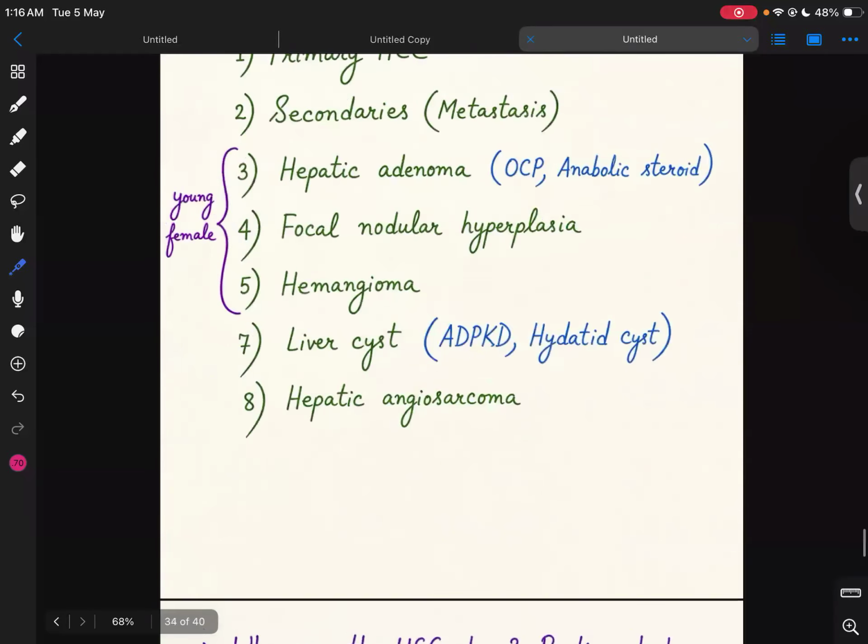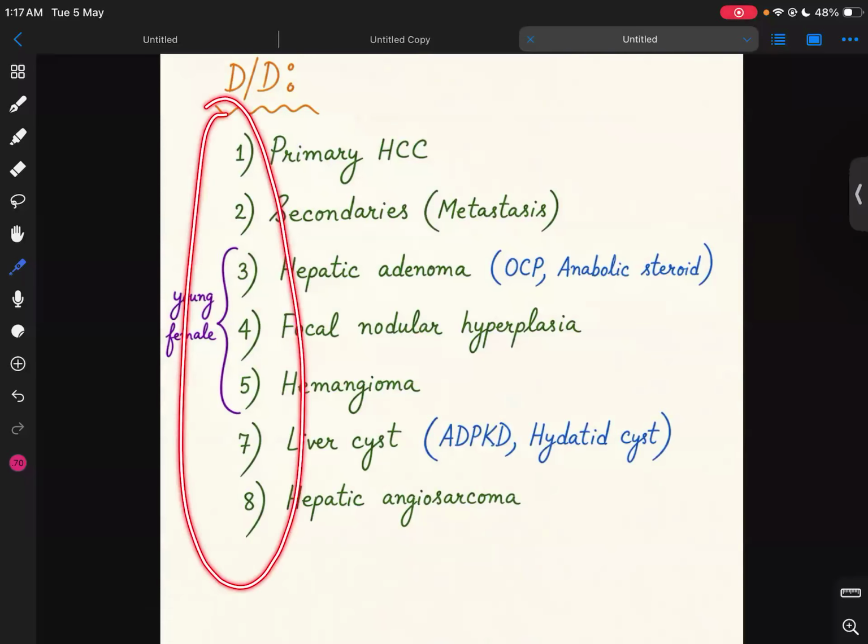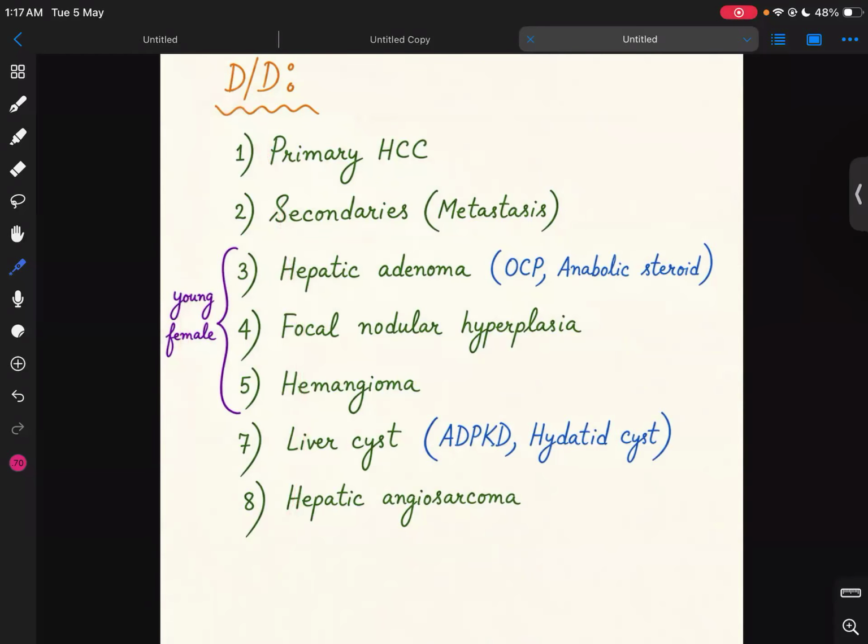Whenever the examiner asks what is your differential diagnosis, just mention these 8. If the patient is young and taking OCP, you can keep hepatic adenoma as your first differential diagnosis. Also, for any young female, you can mention hepatic adenoma, focal nodular hyperplasia, and hemangioma. If the examiner wants to hear any other causes of liver mass, you can mention this.